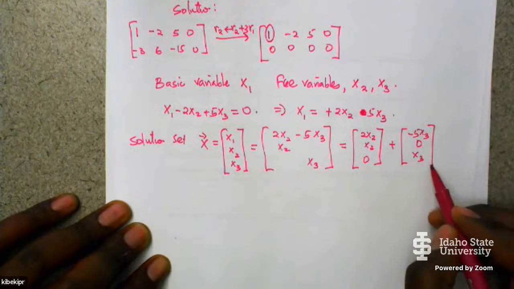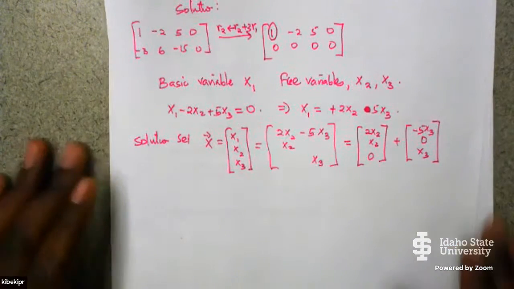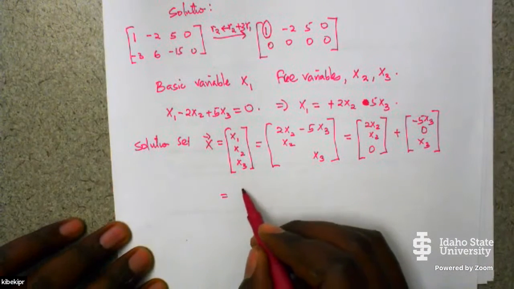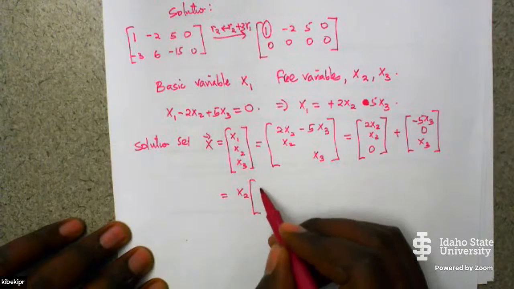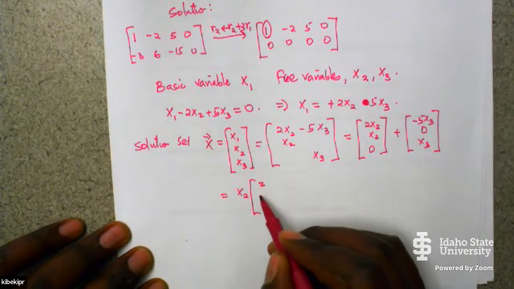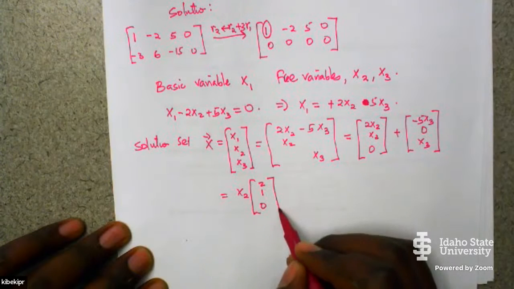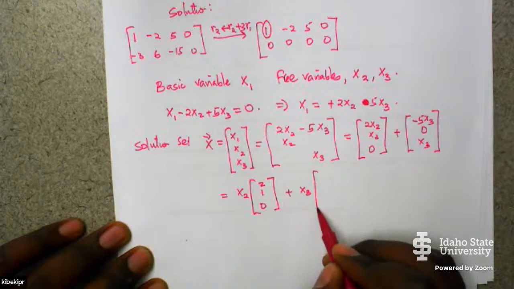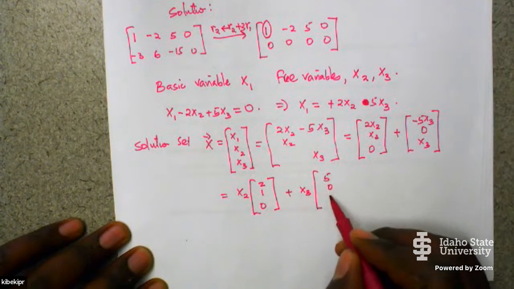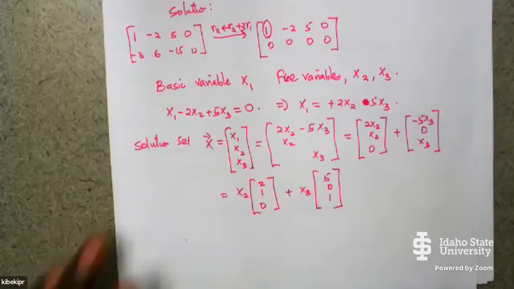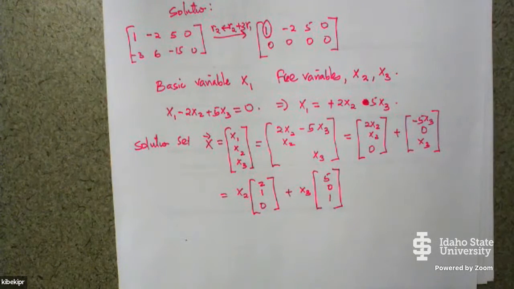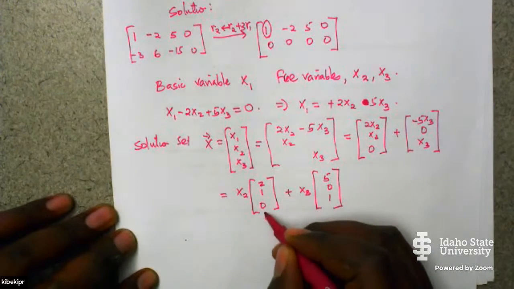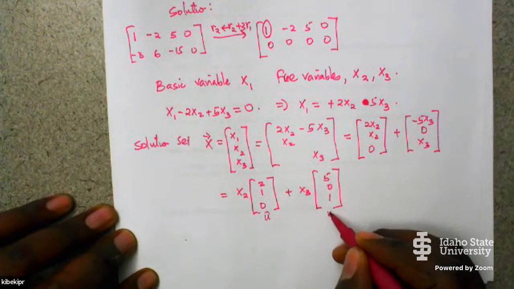When we factor out the variables, x2 will be 2, 1, and 0, and plus x3 will be 5, 0, and 1. We can let this one be our vector u, and this one our vector v.